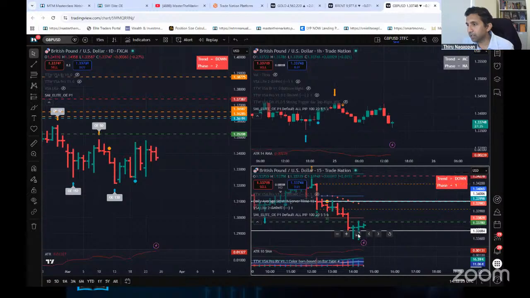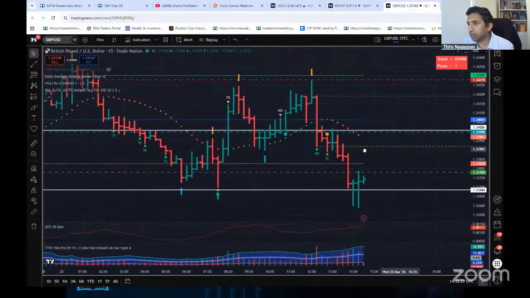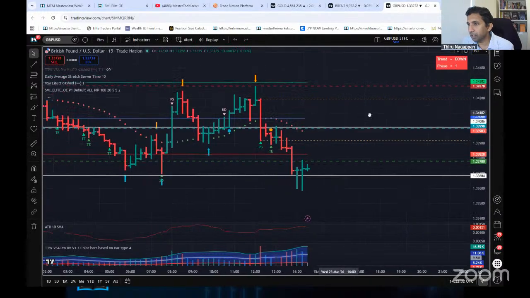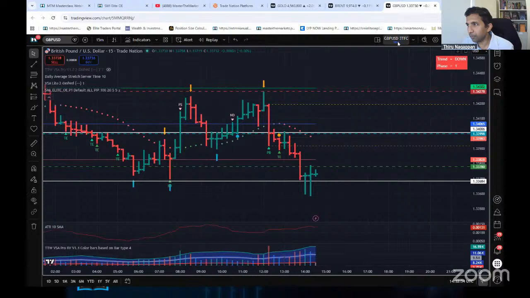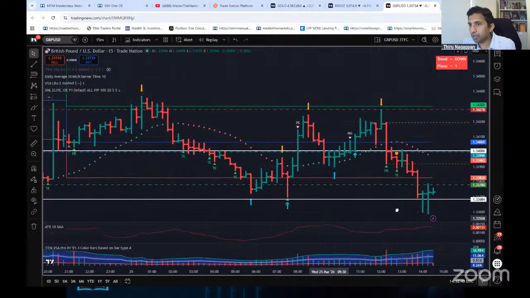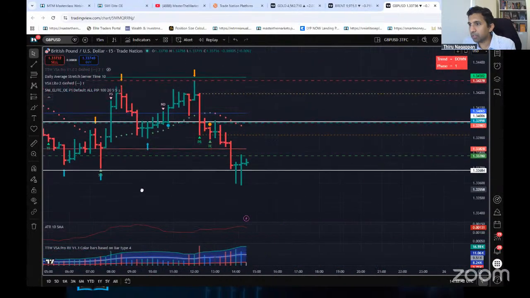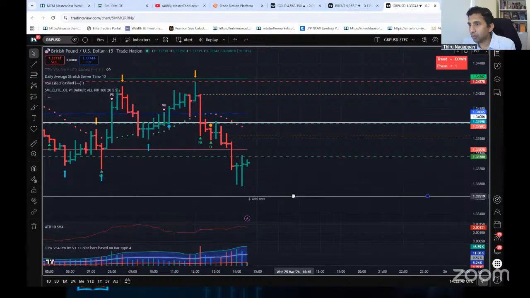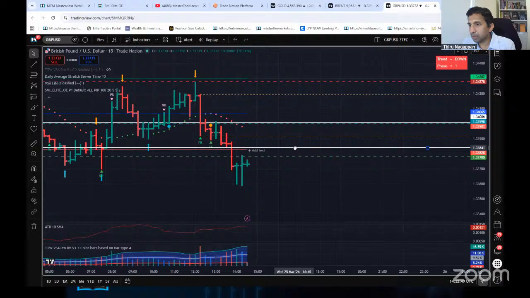In terms of the 15-minute, let me see. That's a downtrend there. Yeah, it's taken out its last low. If I were to come into this, I would say that would be my entry point.